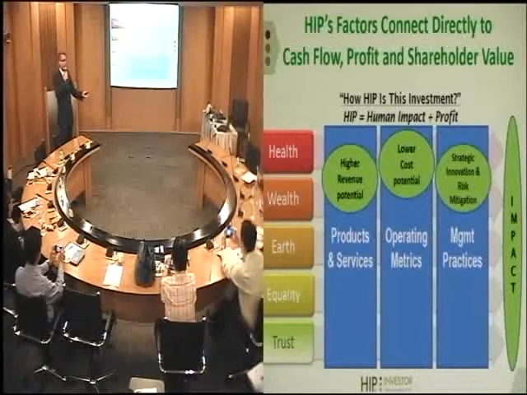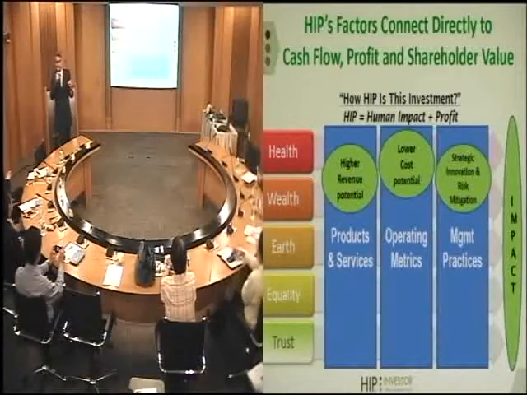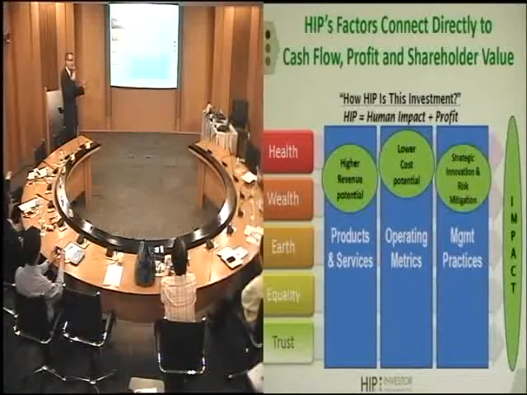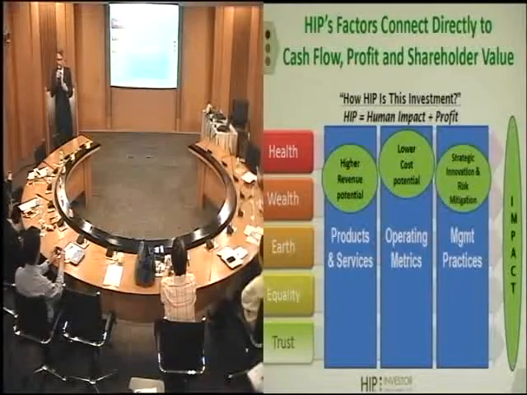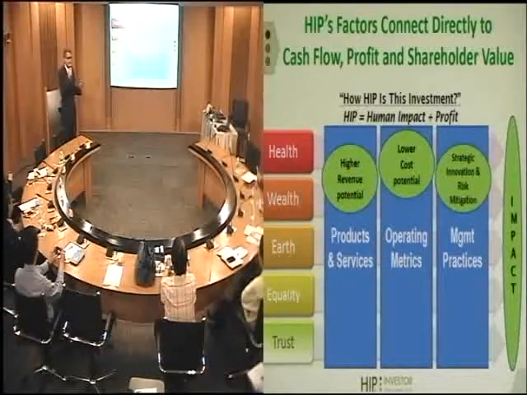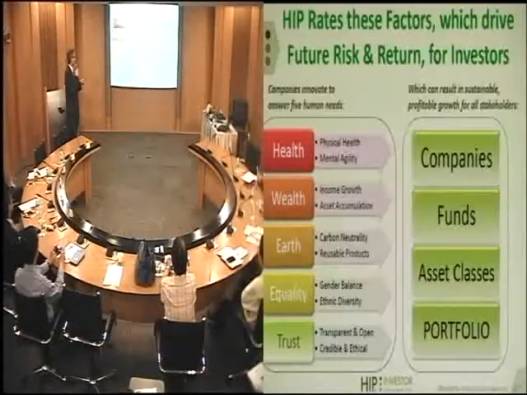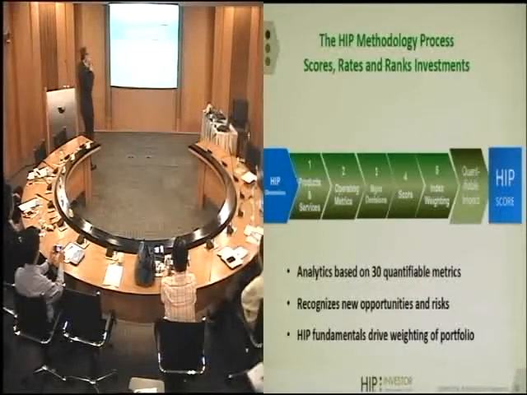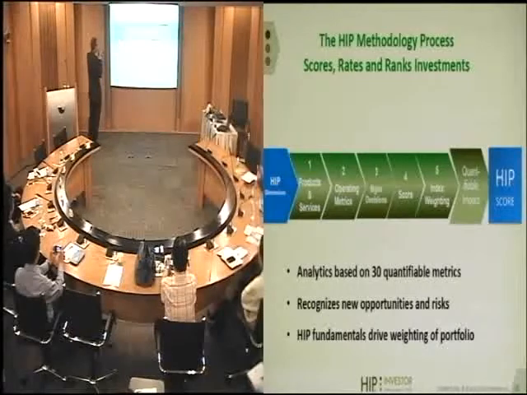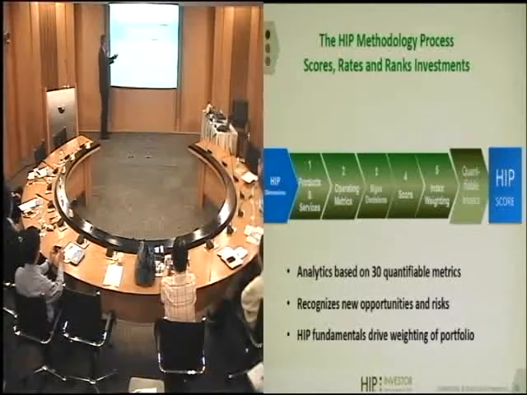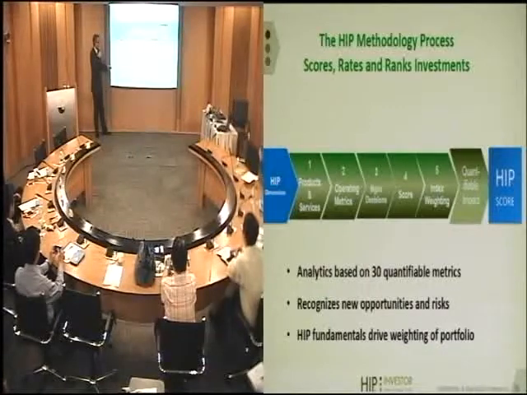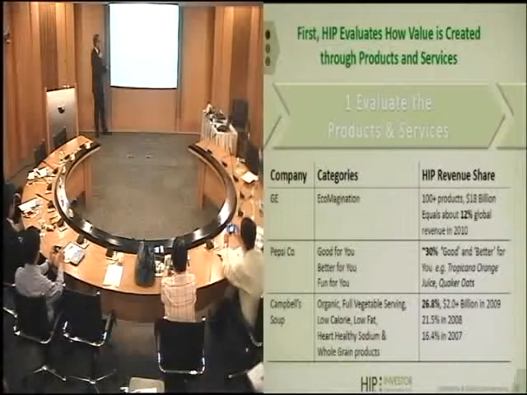And then if you design it right, and this is the key, you have to design it right, then you can intersect group benefit, building a better world, with financial success. This is the process that we go through, which I'll explain with a slide for each of these. It is based on these quantifiable metrics, and it can drive the weighting of the portfolio.